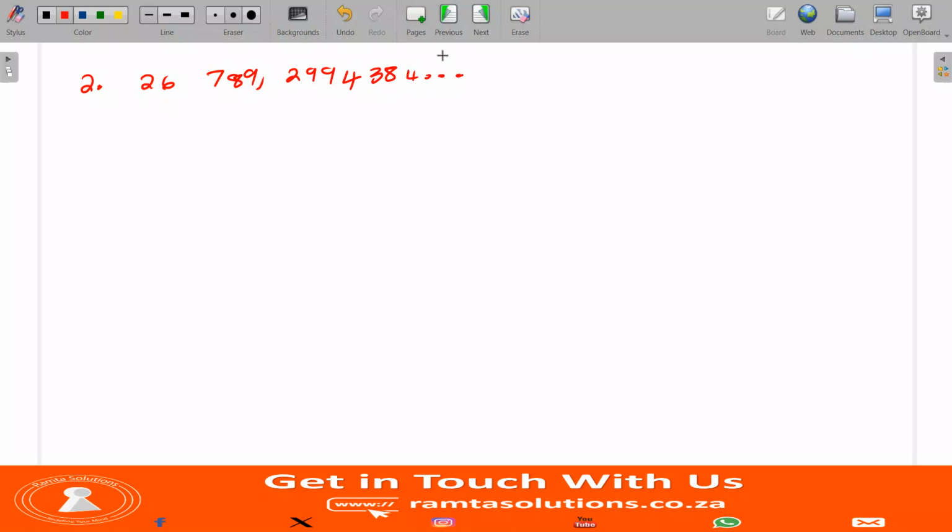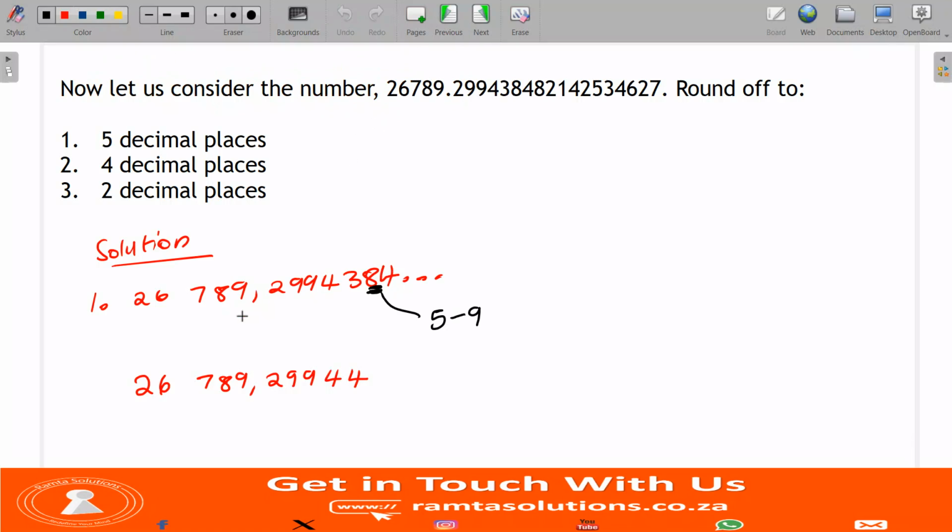Remember, we are now rounding off to 4 decimal places. So this means we must look at the 5th decimal place. 1, 2, 3, 4, 5. Do you see this? This is between 0 and 4. What does it mean? It means the number before it remains unchanged.